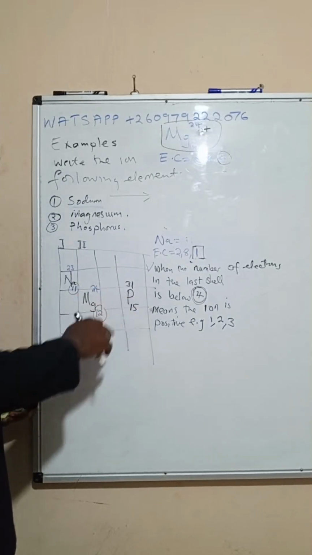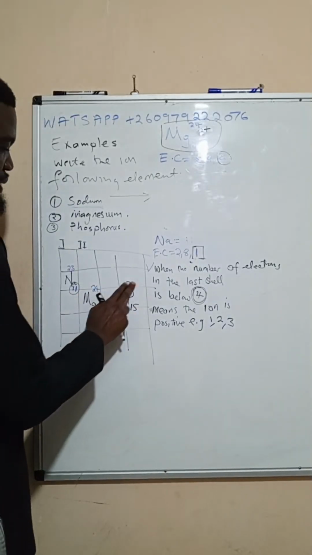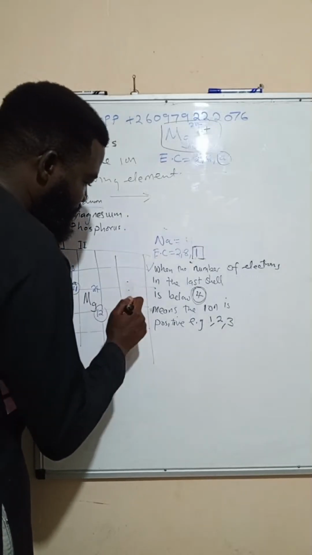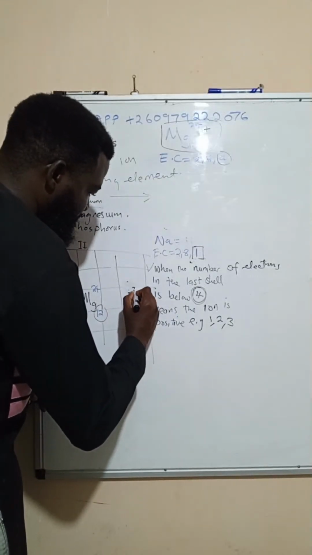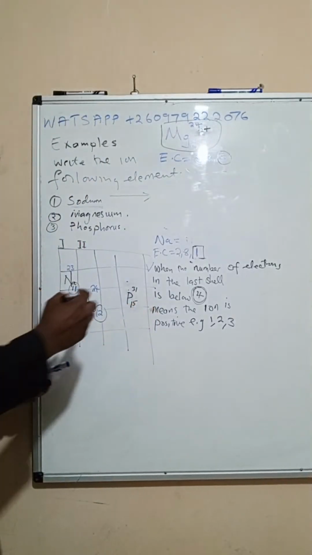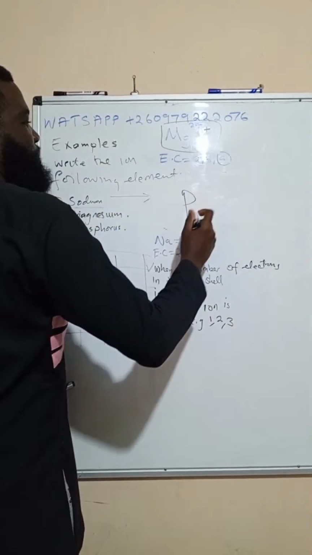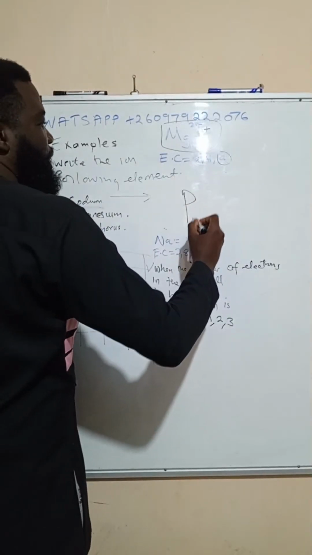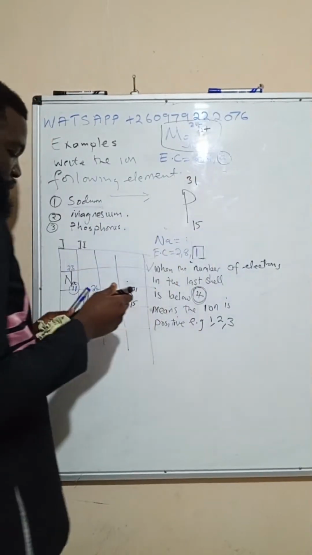It fits in this same box. P here, and then 31, 15. Phosphorus, P, with a 15 here and a 31 here.